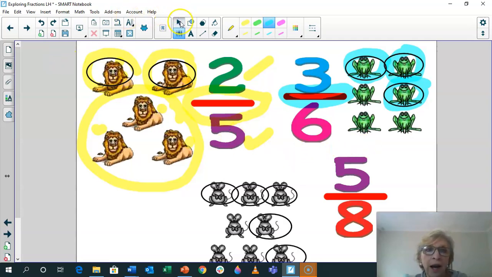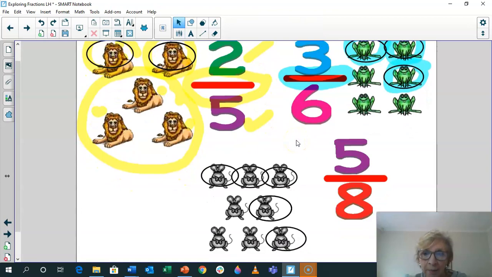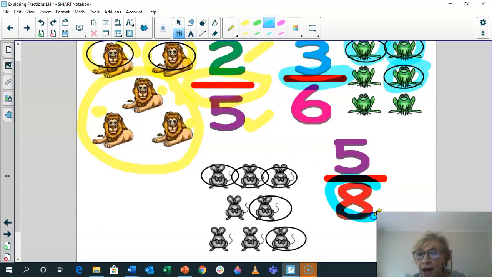So if we now have a look at my little mice over here, aren't they quite cute? There are 8 mice. So that tells me that my denominator is 8. 5 of the mice ate cheese. 5 out of 8 mice ate cheese.